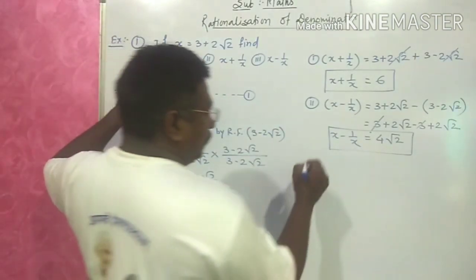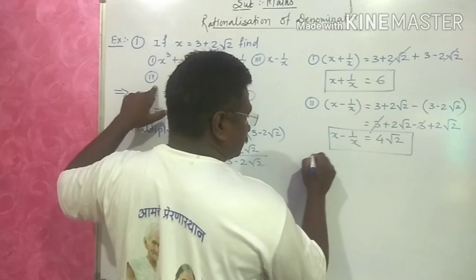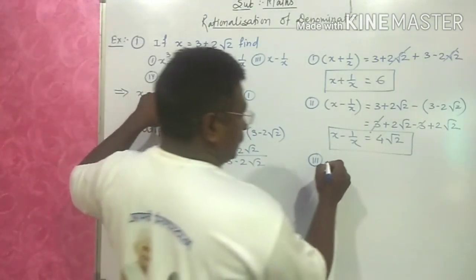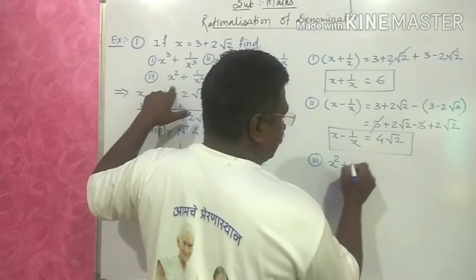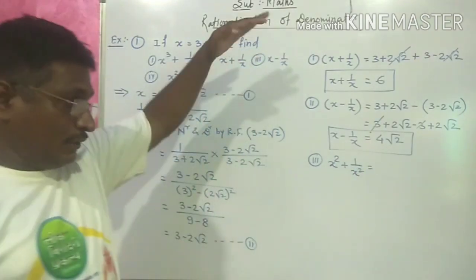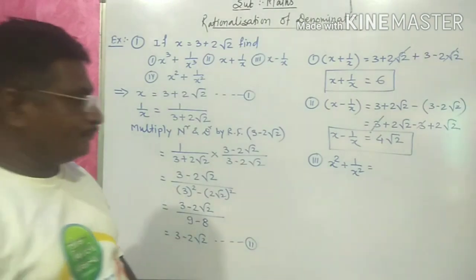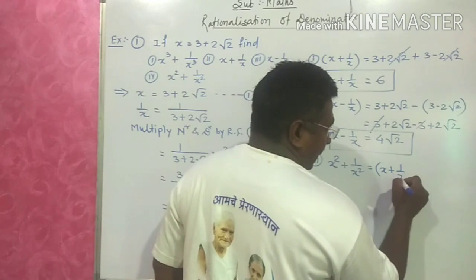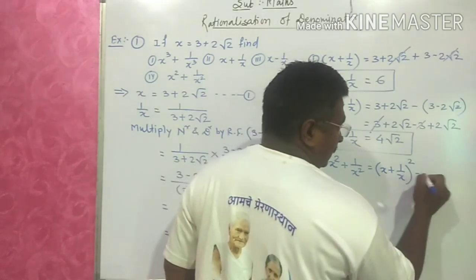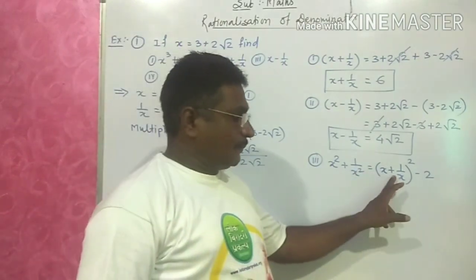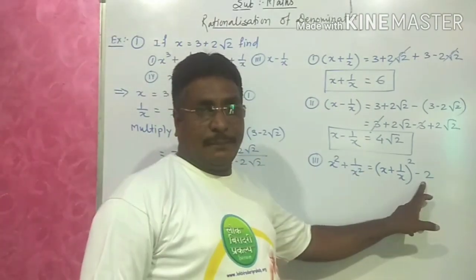Now the fourth. What is here? x square plus 1 by x square. Now remember whatever identities I wrote and gave. So what is that? x plus 1 by x whole square minus 2. If in the bracket plus sign, outside minus sign.